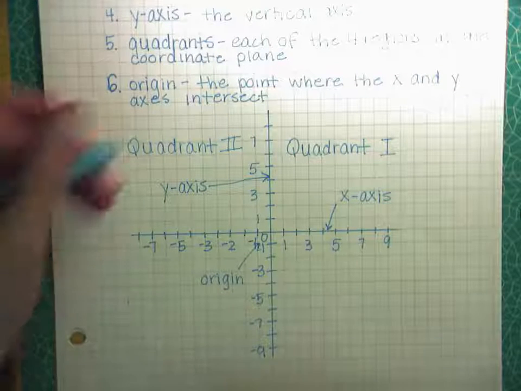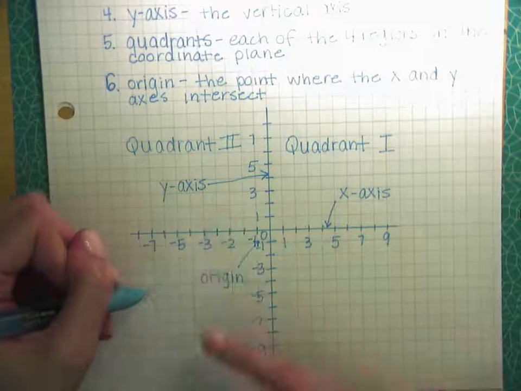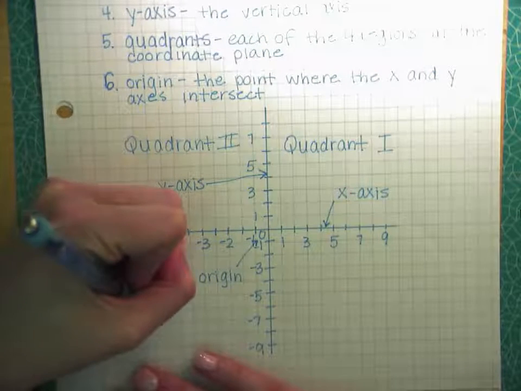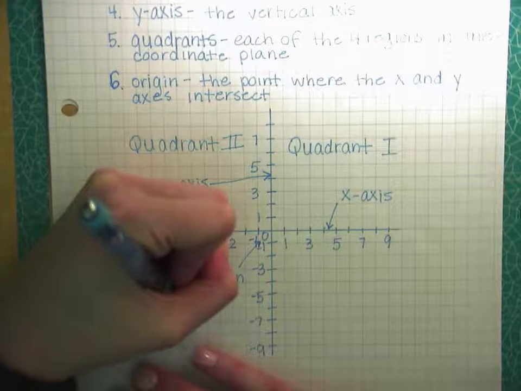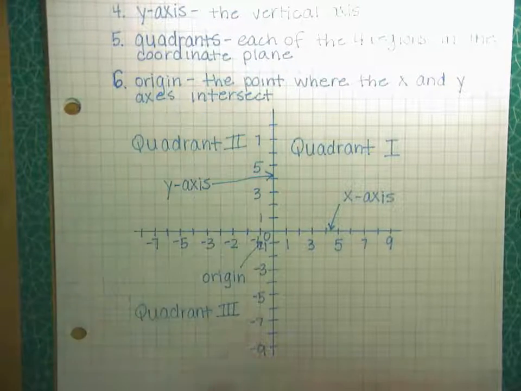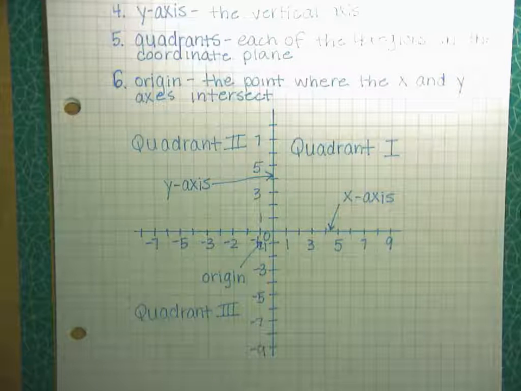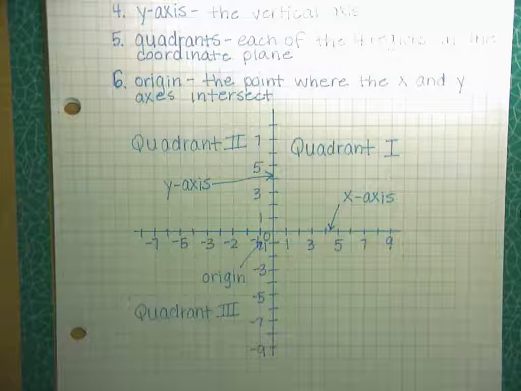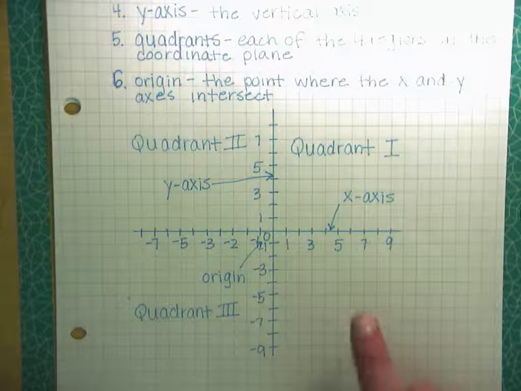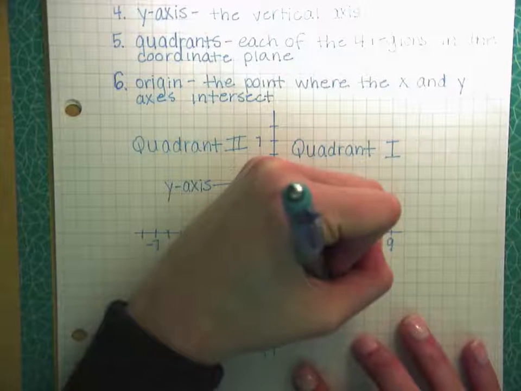Okay, if I continue, I'm going to go down. So we have 1, 2, so this is going to be quadrant 3. This is the Roman numeral for 3. And then our last quadrant here is going to be quadrant 4.